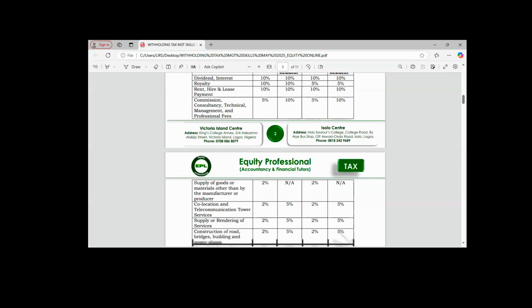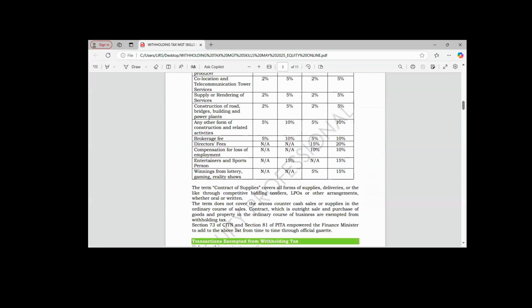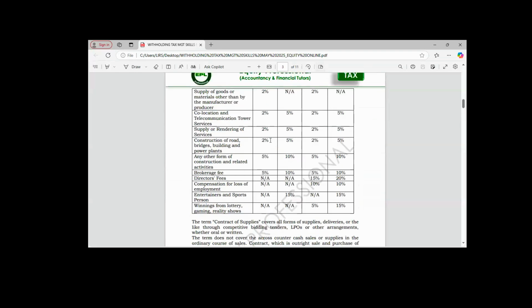Then we have supply or rendering of services. When you render services, 2% for resident company, 2% for resident individual, and 5% for non-resident. Before now, everything was initially 5%. Non-resident remains 5%, while resident is now 2%.